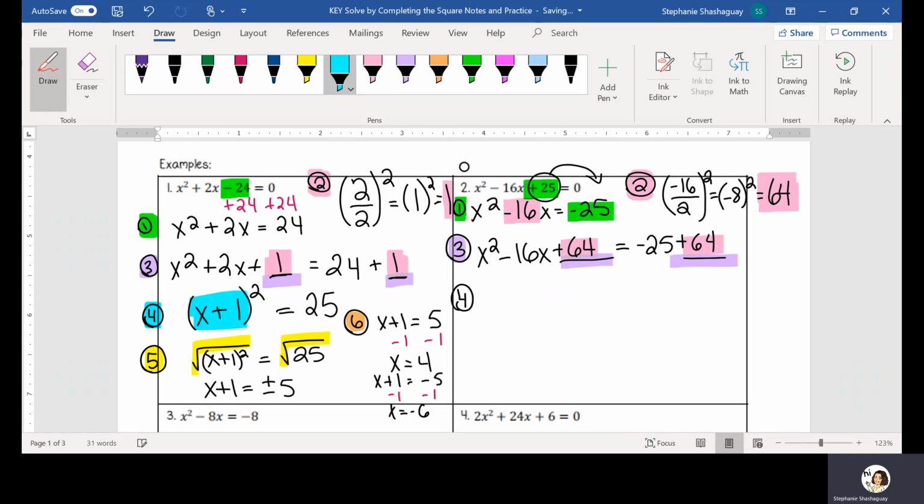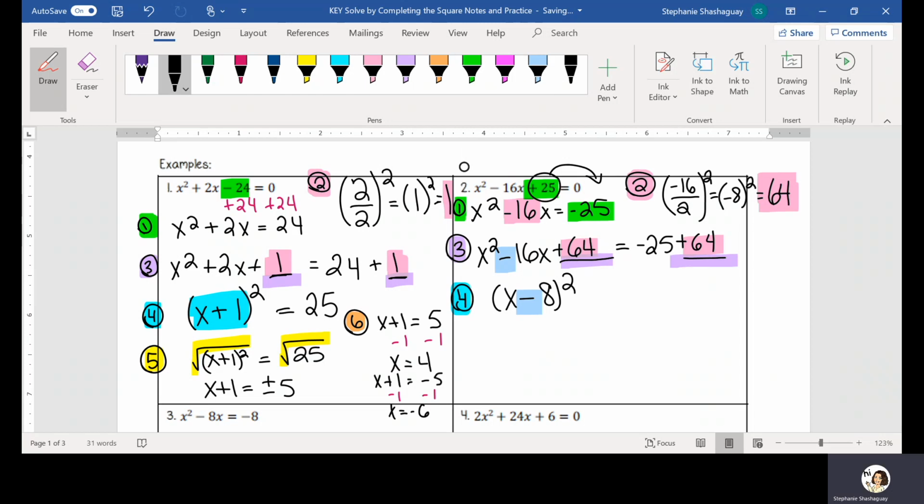In step 4, we are going to factor our now new perfect square trinomial. So x squared minus 16x plus 64 is going to be x minus 8 squared. And the reason why I have this negative sign instead of the positive sign that I had before is because my b term is negative.